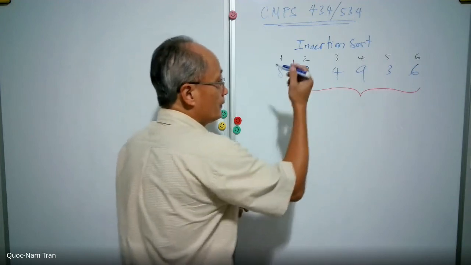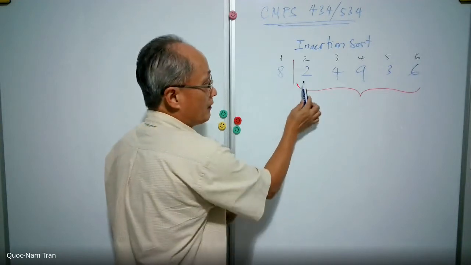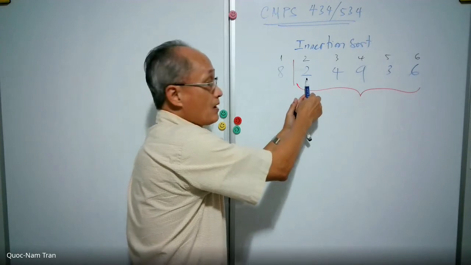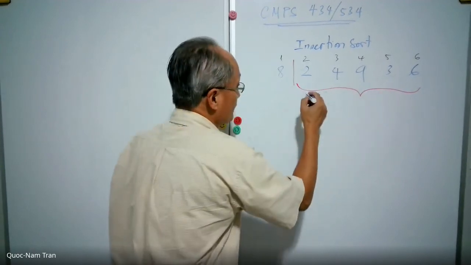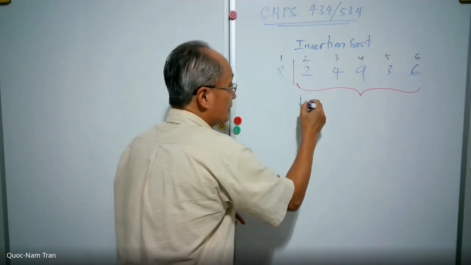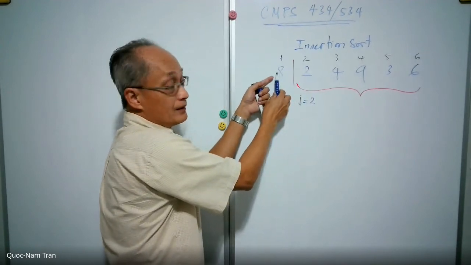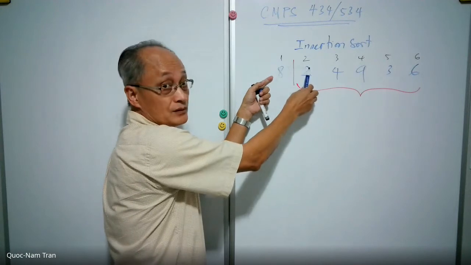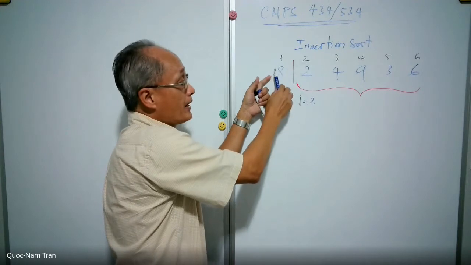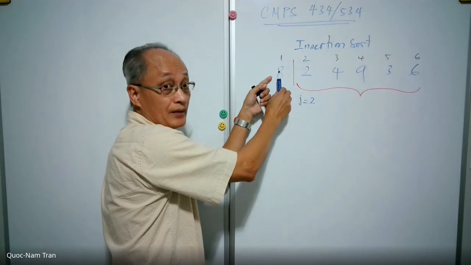So we will have a variable to keep track of where we are dealing with the elements of the unsorted part. I will choose j, first started with 2. And when we compare, if it's bigger, we have to shift it to the right. And we have to keep track of the value here, otherwise it will be overwritten by the sorted elements.